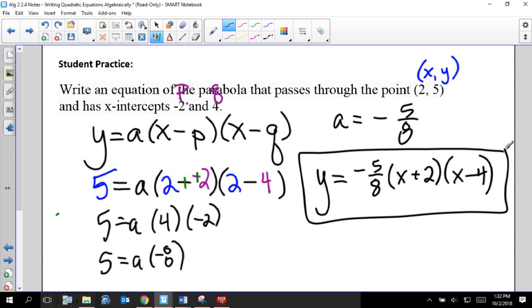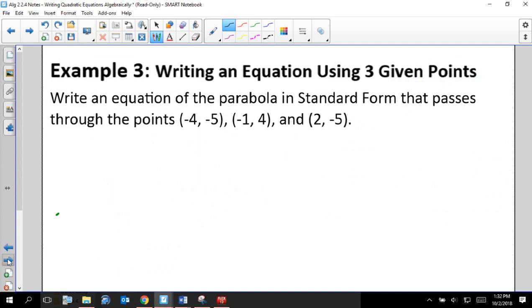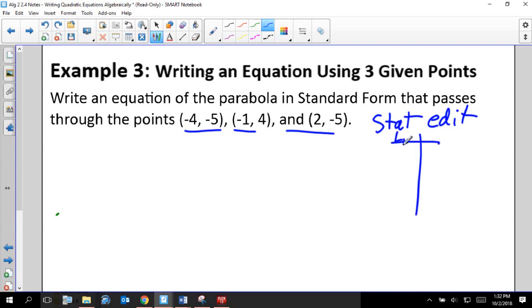So example 3, you're going to do using quadratic regression. I just didn't get there yet. There's a long way of doing this, but we're not going to do that in CP. You will do that if you take pre-calc next year. I don't know if Trig and Applied does it because I don't teach that class, but we're just going to use stat, edit, type in your list.